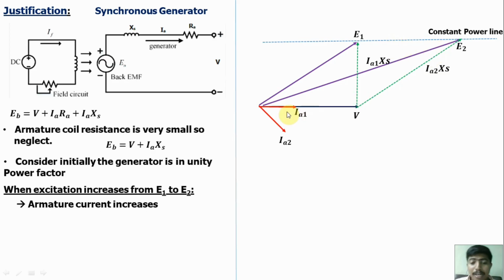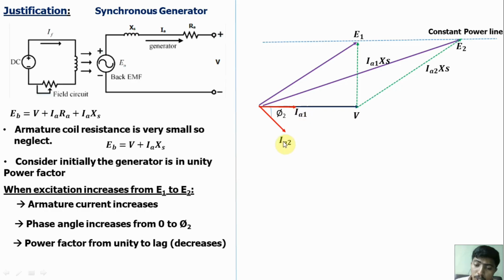Then only will we get the phase angle difference of 90 degrees. So the phase angle increases from 0 to pi/2, and the power factor will be lagging. When the excitation increases from E1 to E2, the power factor changes from unity to lagging. Power factor decreases.